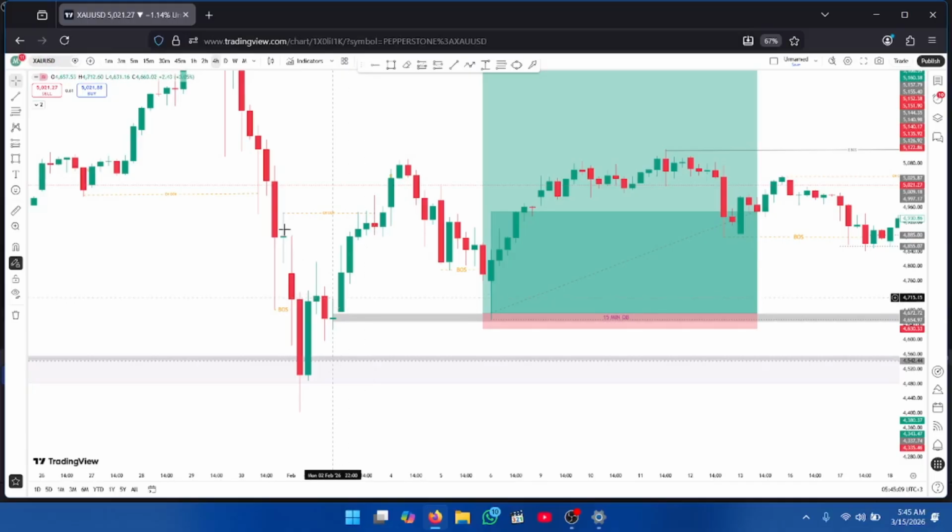Since this change of character, if you watch this move to the upside, you can clearly see that the only gap we're having is about this area. I don't know if you can see it, or I'm the only one actually seeing that level.